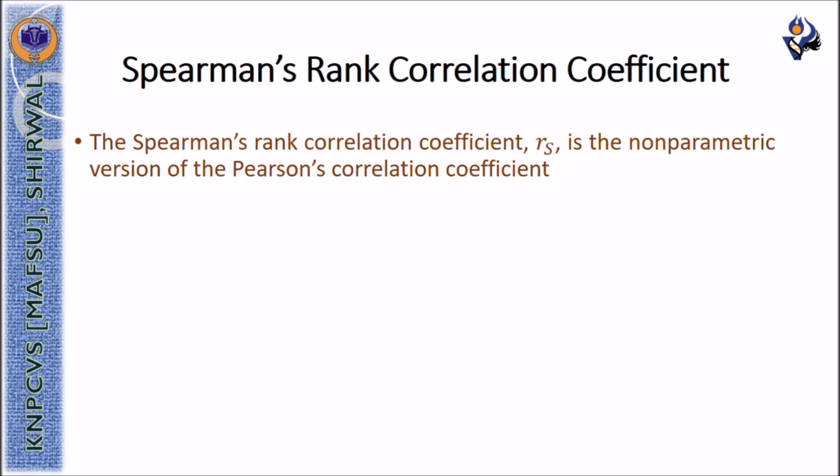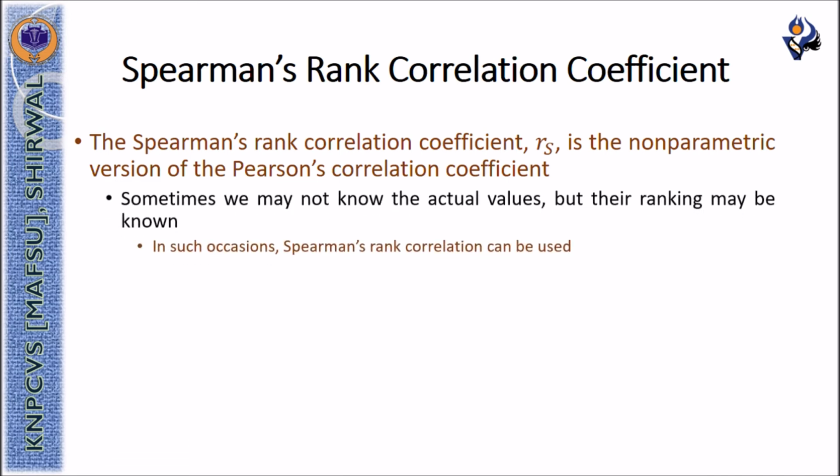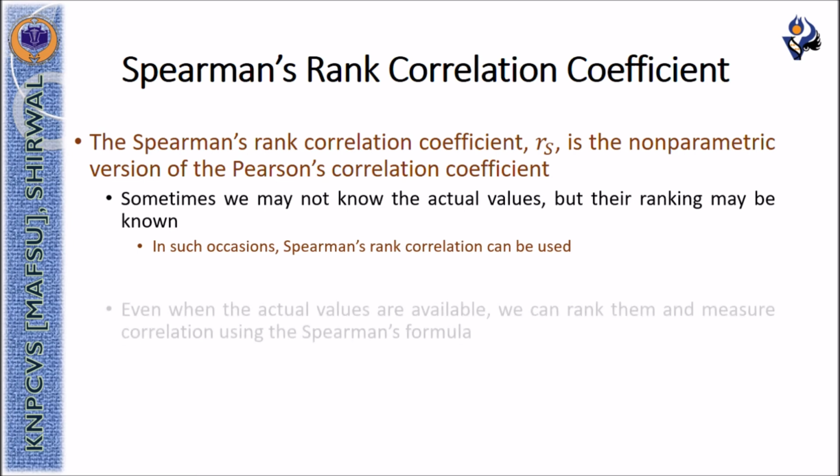The Spearman's rank correlation coefficient, denoted by small rs, is the non-parametric version of the Pearson's correlation coefficient. Sometimes we may not know the actual values, but their ranking may be known. On such occasions, Spearman's rank correlation can be used.